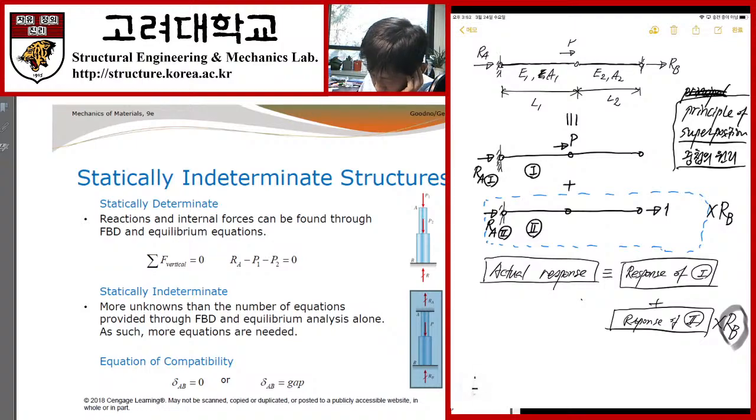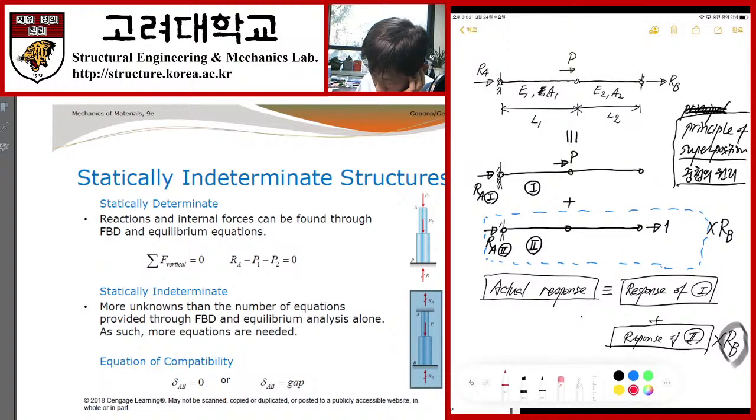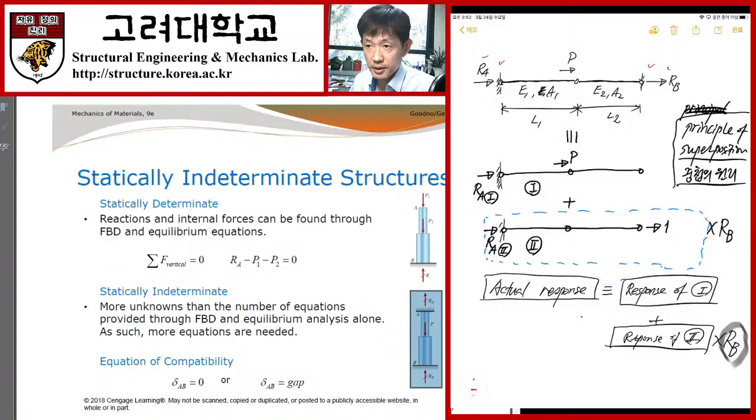In the original problem, we had two different boundaries and two different reactions, and only one force equilibrium condition in that direction. That's why we were not able to determine all the reactions; there are infinitely many sets of reactions which satisfy the force equilibrium condition.